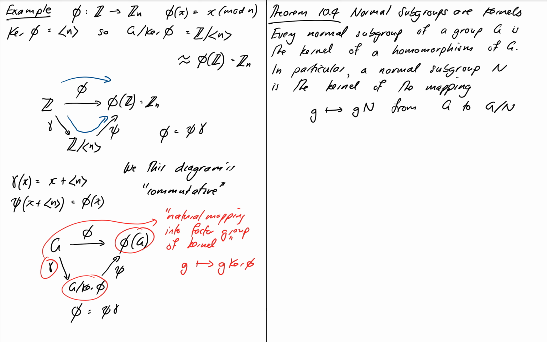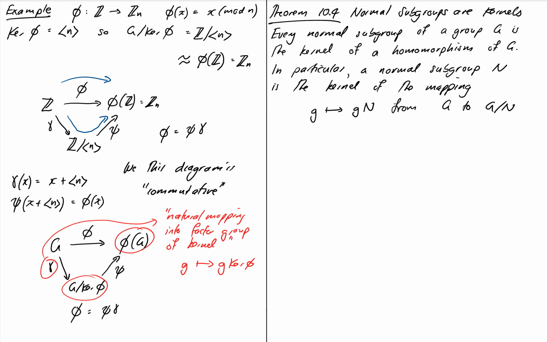You take a subgroup N, and it's the kernel of the mapping from G into the factor group G mod N. It's the same kind of natural mapping we used before: you map the element g onto the coset of the subgroup that it's represented by.